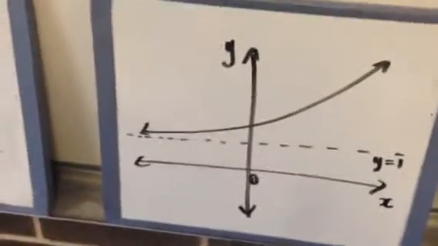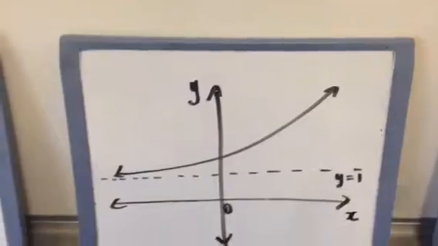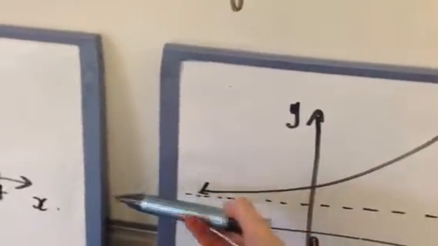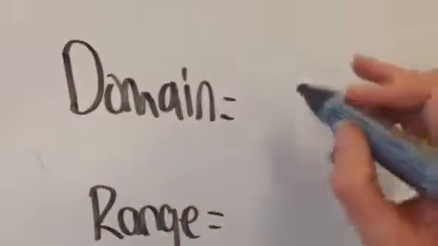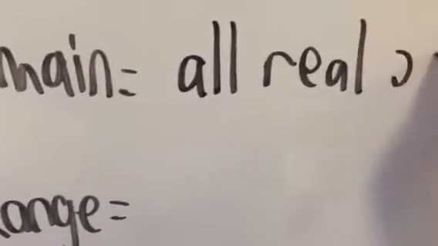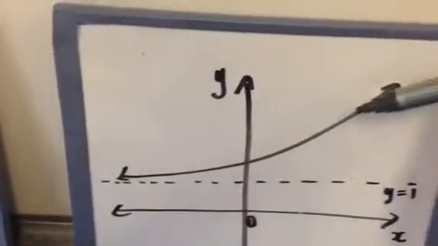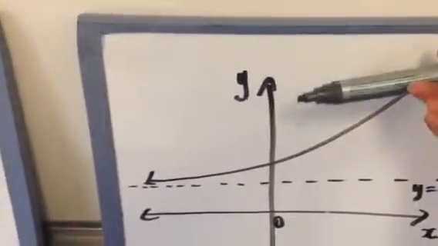Now let's have a look at this graph here. What have we got here? We've got an exponential graph. For our domain, what we notice is it goes down the left for all infinity and up the right to all infinity. So for our domain, we say all real x. Our range, however, is restricted. It will continue to go up and up for all of eternity.